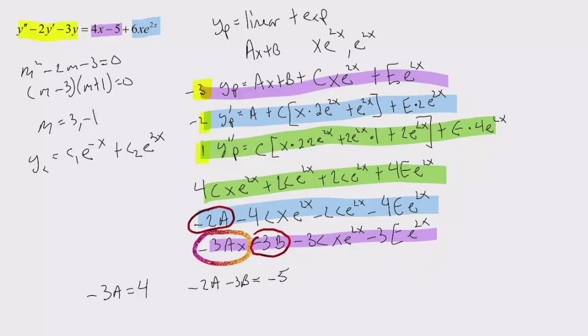Then I want to look for any x e to the 2x's. So I got one here. There's another one. And there's another one. Okay, so I have a positive 4, a negative 4, and a minus 3.